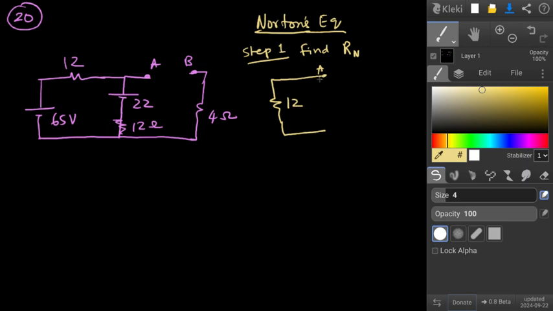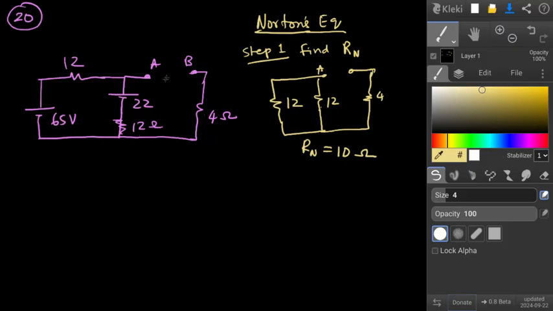One more branch has another 12 ohms, and here 4 ohms is there on this side. If you notice, 12 and 12 are in parallel, and 4 is in series. 12 parallel 12 becomes 6. In series with 4, it becomes 6 plus 4, 10. So Rn is 10 ohms.